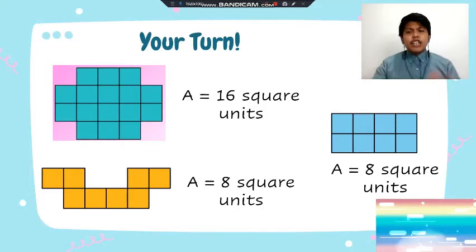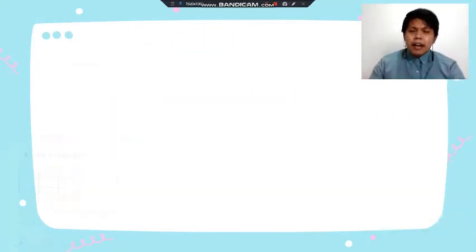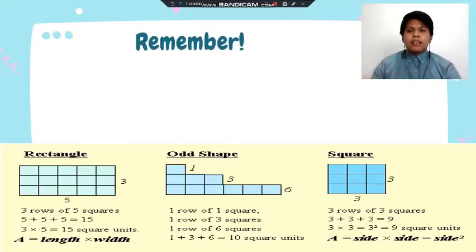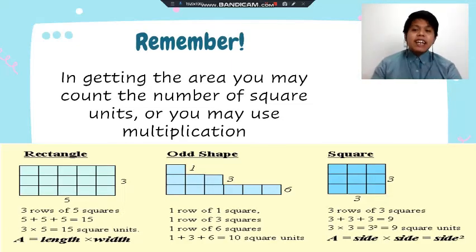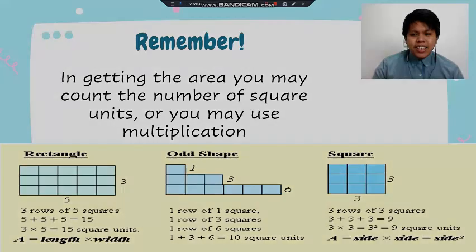So again, you may apply what you learned today in getting these different shapes and getting their areas. Now class, remember this one. In getting the area, you may count the number of square units or you may also use multiplication.